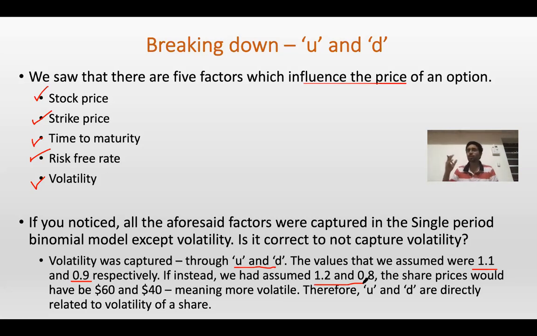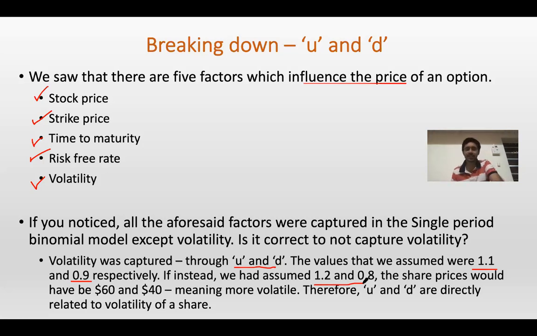If U were equal to 1.2 and D were equal to 0.8, then the share price on the upside would have been 1.2 into 50. Earlier it was 55, which was nothing but 50 into 1.1. Now it would have been 50 into 1.2, so the upside share price would have been 60, and the downside share price would have been 50 into 0.8, which is 40.